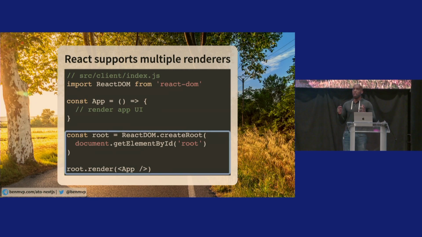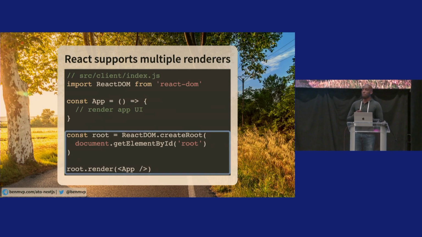So what that enabled is that now the language, let's say, or the library could be separated from the rendering. So React Native works because you can use React for the UI and then render it or flush it to a mobile native environment.